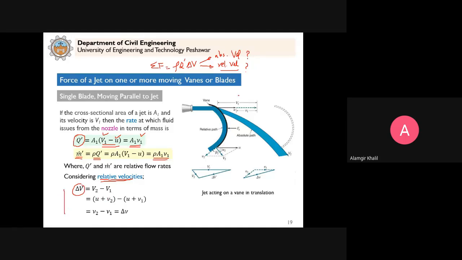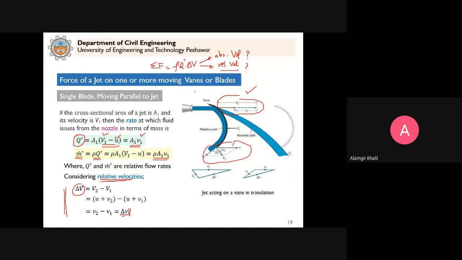You can consider this triangle, the relationship at the inlet between the three velocities, and this triangle here at the exit, and from here you can prove that delta V is equal to small delta v. It means that in the u direction, the change of absolute velocity will be the same as the change of relative velocity.